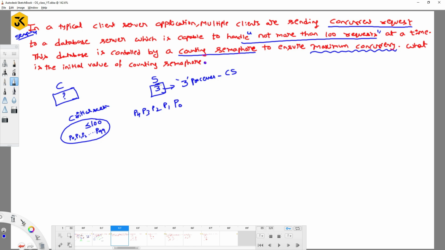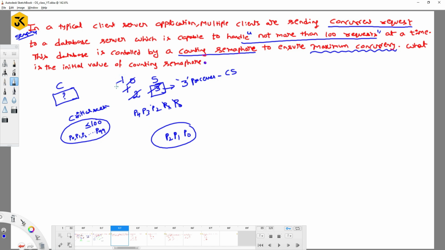When the S value is 3 and P0 wants to enter the critical section, it will decrement the value by 1 and enter the critical section. Next, P1 wants to enter, it decrements by 1, that will be 1, and it enters. Next, P2 wants to enter, it decrements by 1, that will be 0, then enters. Next, if P3 wants to enter, it decrements by 1, that is minus 1.